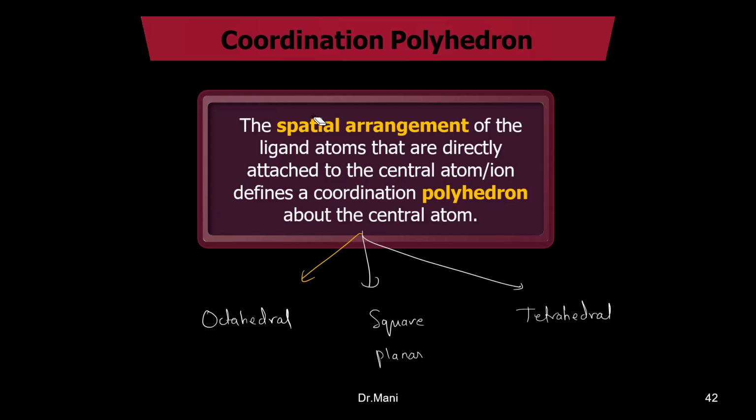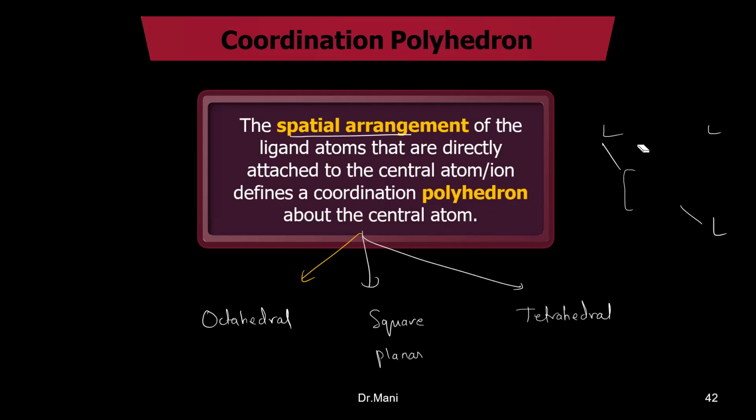So see here, what is this? The spatial arrangement of the ligand atoms. That means the central atom is surrounded by the ligands, right? So how these ligands are directly attached to the central atom and how they are spatially arranged, that's called the polyhedron.